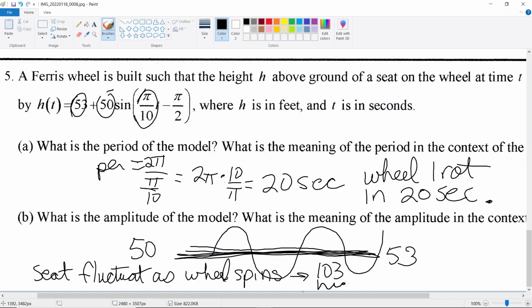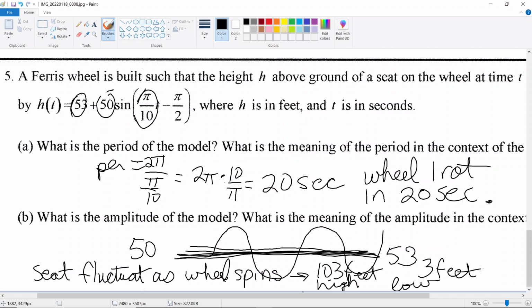That's the high. And it goes as low as 53 minus 50, which is 3. So you're only 3 feet above the ground. And these are feet. So again, when you're on a Ferris wheel, when you get to the top and you can see all in the distance, you say, man, I wish this thing could go higher. I want a bigger wheel. Bigger and faster. But anyway, that's what the amplitude means.